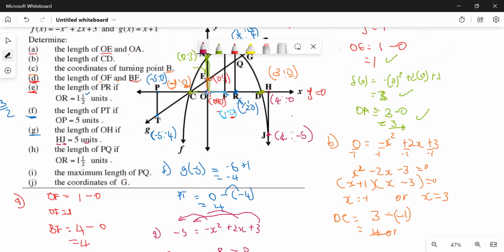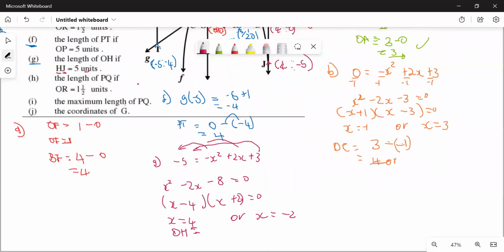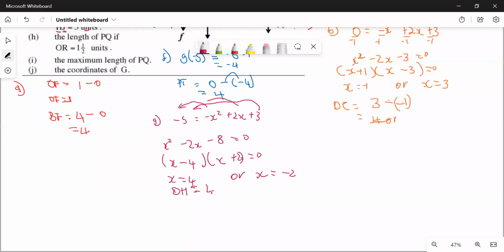We are looking for O up until H. O and H. We have 0 and 0 for Y. Then we have 4 minus 0. So we're going to have 4 minus 0, which is going to give us 4.